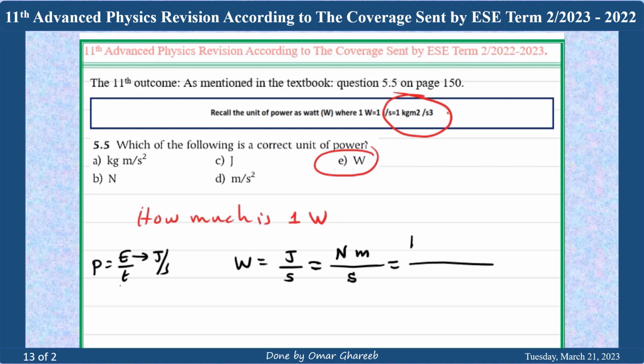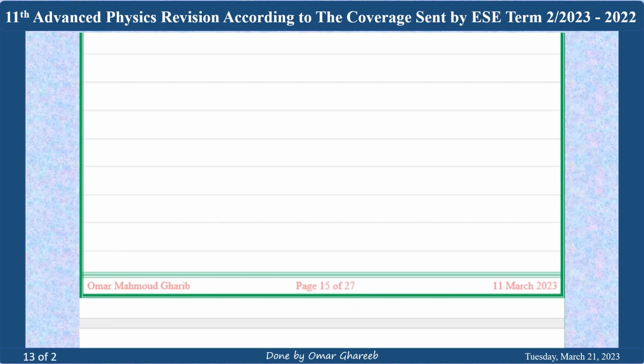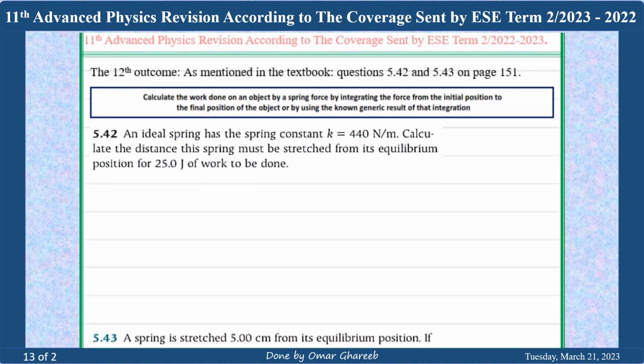Newton is, as we mentioned many times, kilogram meter per second squared, times meter over second. So kilogram meter squared per second cubed. Or you can put it like this: kilogram meter squared second to the power minus 3. I think that question will come in this form. Now outcome number 12.